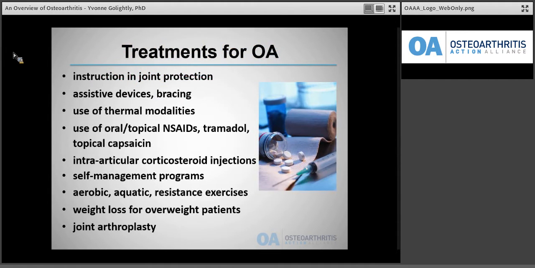Some of the treatments that are commonly used that have been supported by a number of guidelines include instruction in joint protection, use of assistive devices or braces, using heat or cold. There are some different medications and injections that can be helpful. There are self-management programs and exercise programs. And for patients who are overweight, weight loss is important. And then for individuals who've tried everything else, joint replacement is an option for severe disease.